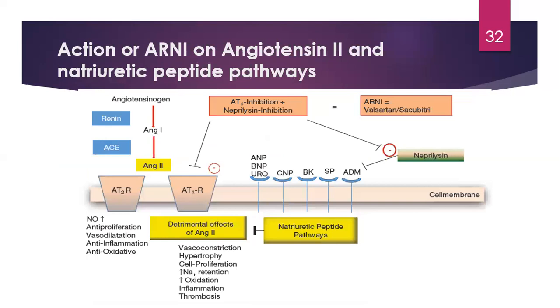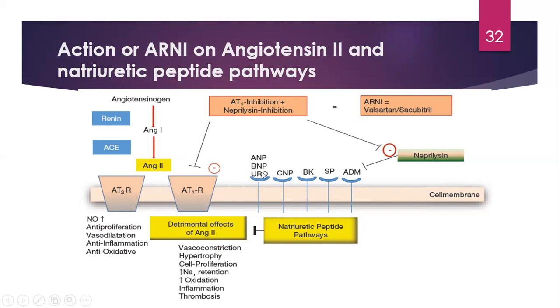And then this should be the last slide. It also shows the double potent effect of sacubitril valsartan. No wonder it has such a significant effect and is very useful in patients with severe heart failure, because it blocks the deleterious effect of AT1 and leaves the good effect of AT2, supporting the heart.